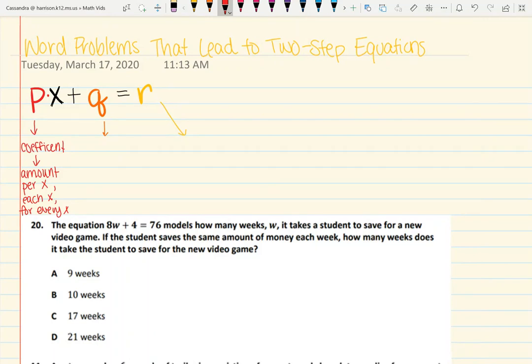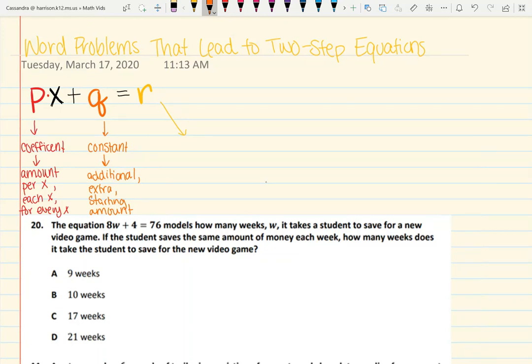All right, and then in the orange, you've got this extra Q being added on. So however much P times x is, there might be some extra. We call that a constant in math. But in the real world, that could be an additional extra or starting amount. So you might be talking about saving money at a bank, and you might save P, $20, for every week.